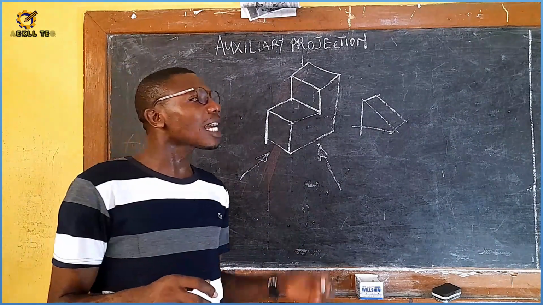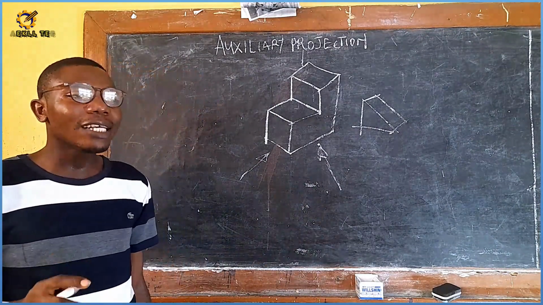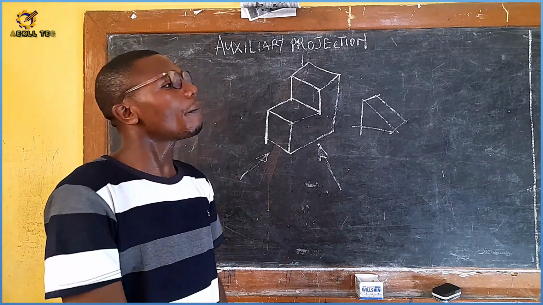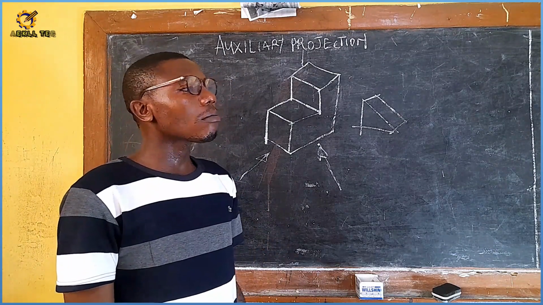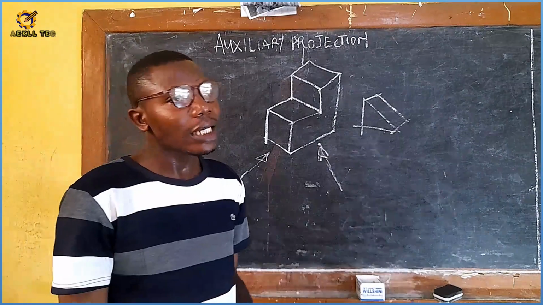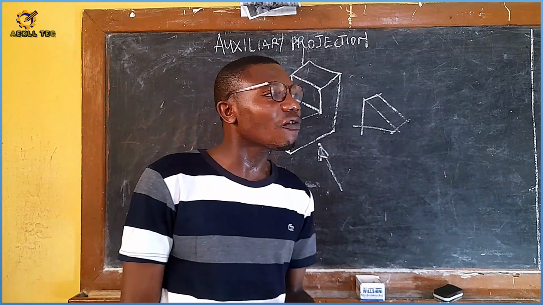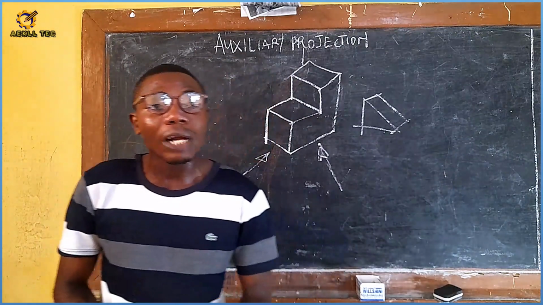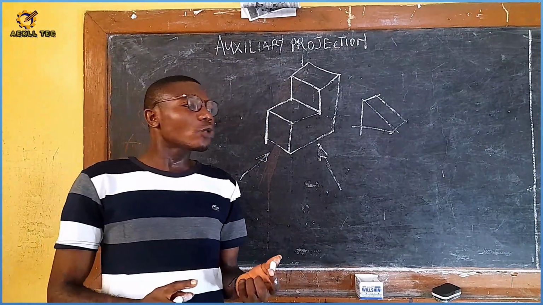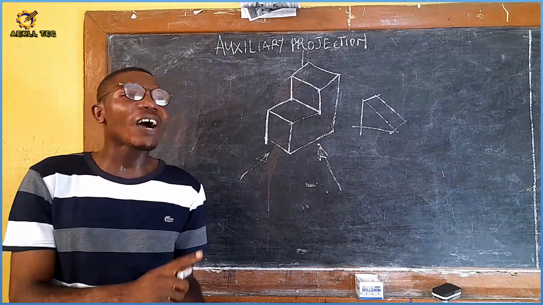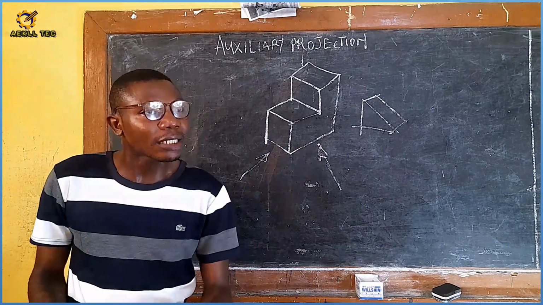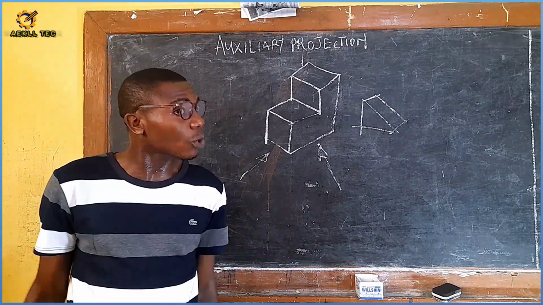Now I am going to cite an example on the board, and please calm down, relax, and follow me as I proceed. If you are the kind of person that is yet to understand the concept of orthographic projection, or the concept of conversion of view, that is conversion from orthographic to isometric, please, this topic is not for you.